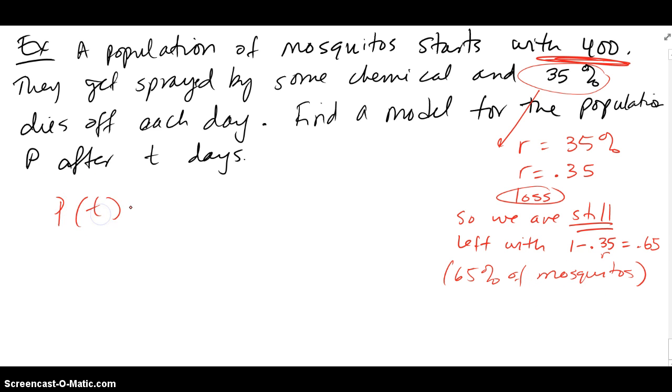So I have P of T. I started with 400 mosquitoes, and I still have, as the days go by, 65% of them left, raised to the T. So this is going to be a decay, because as the days go by, I keep losing the mosquitoes. 35% go away, and 65% still remains.